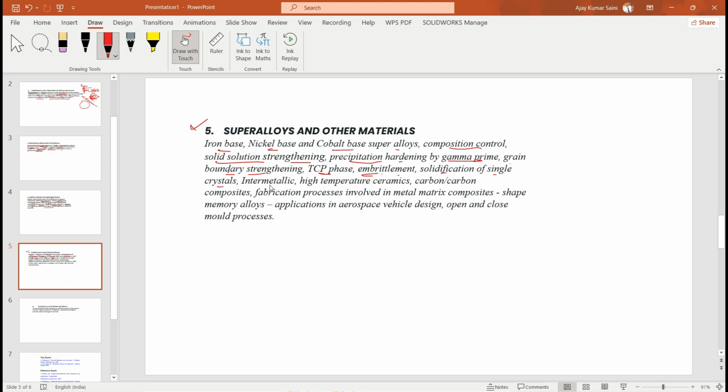Okay, and intermetallics, high temperature ceramics, and carbon composites, fabrication process involved in the metal matrix composite, and the shape memory alloy, and application in aerospace vehicles, open and closed mold process. Okay, so we will discuss all these things.